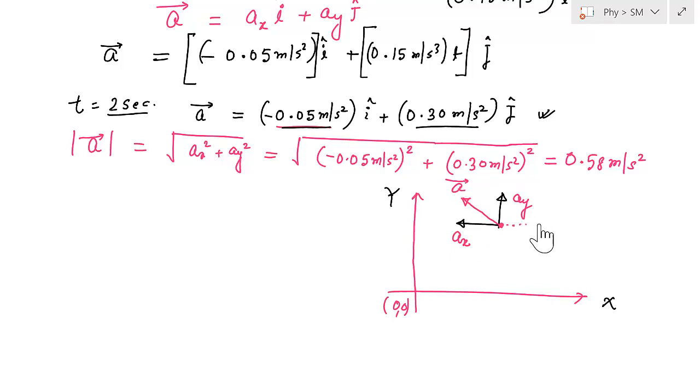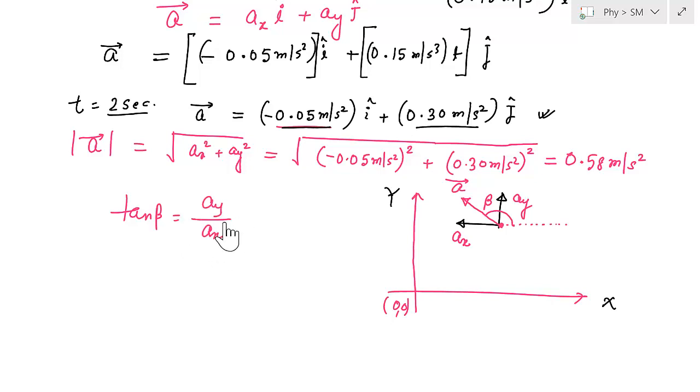So this is the x component, this is the y component, and this is your resultant acceleration. Now if you remember, in the previous classes we derived an expression to calculate this angle alpha from the positive direction of the x-axis. For velocity we generally reserve the alpha term, and for acceleration we reserve the beta term, so this angle is beta. We can write tan beta equals ay divided by ax.